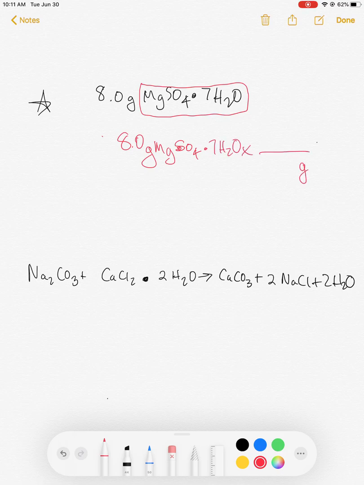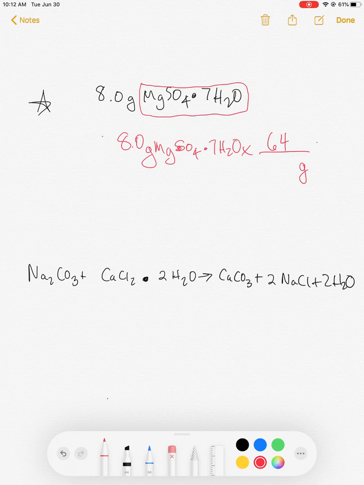So you need grams down here of the heptahydrate, which is, I think, let me do a quick calculation here. The magnesium sulfate is, that's not right, 24.3 plus 32 plus 64.